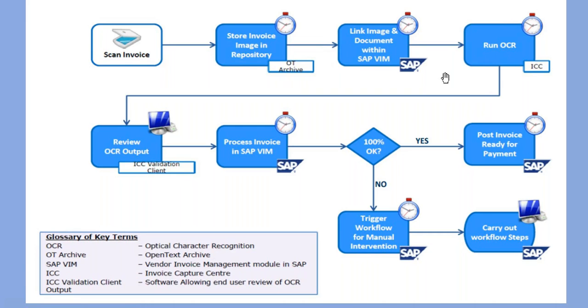They will validate the data that is present on the face of the invoice or invoice image. Once this verification is done, they will submit that invoice in the validation tool. Any questions, let me know until this point, yeah.